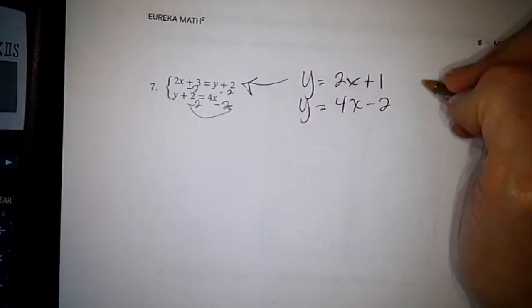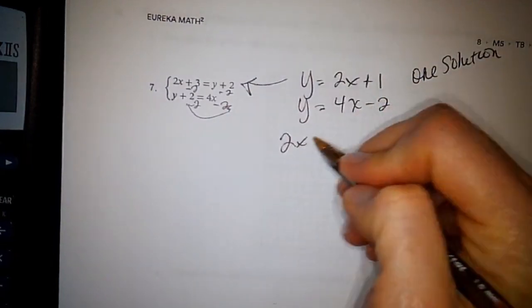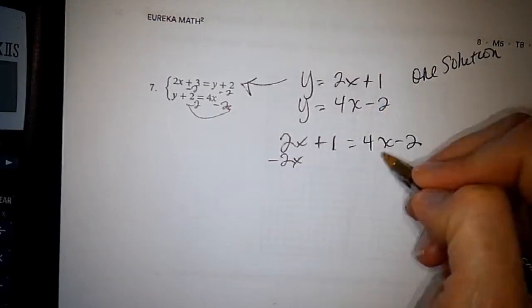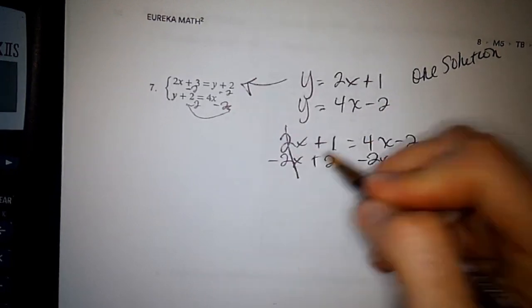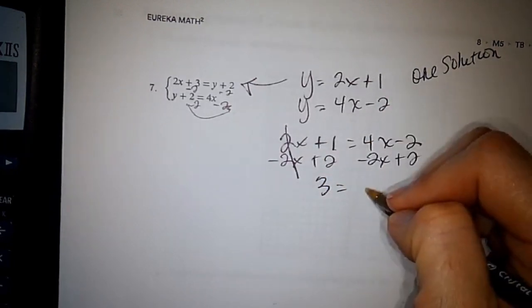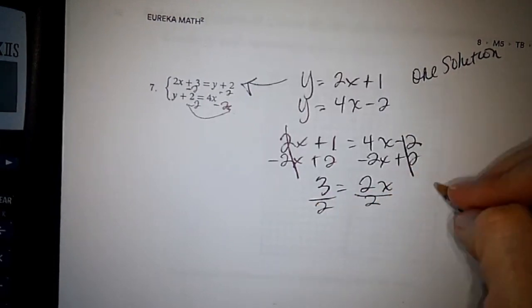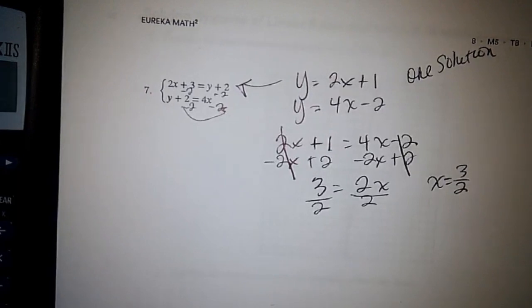2x plus 1 equals 4x minus 2. Subtract 2x. Add 2. So cancels out. 3 equals 2x. Cancels out. Divide by 2. X equals 3 over 2. Now I could go back in and plug that all in. But I'm just going to pick an equation. Do y'all want the first equation or the second equation?